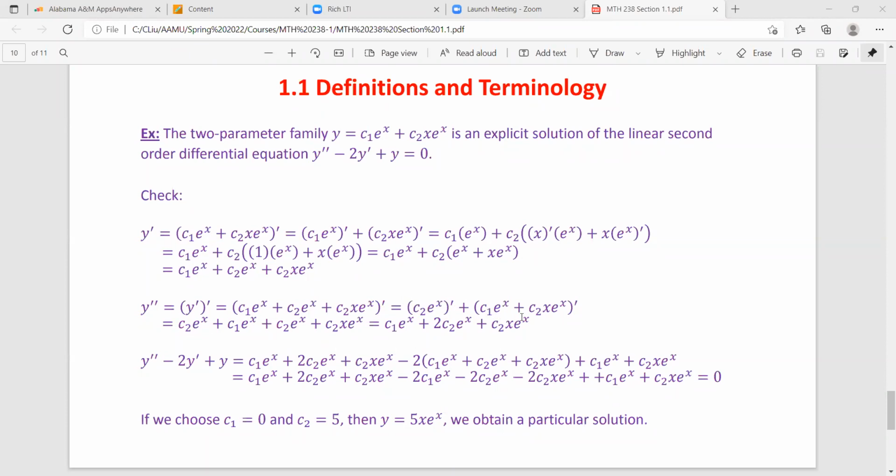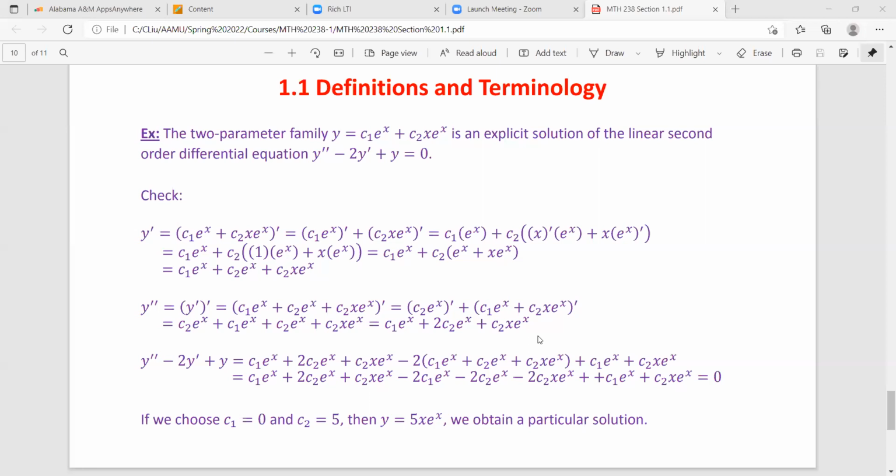And the derivative of c1 e to the x plus c2 x e to the x, as we already got in first step. So that's c1 e to the x plus c2 e to the x plus c2 x e to the x. So we just put those answers in here and then combine like terms. There are 2 terms of c2 e to the x that give you 2 times c2 e to the x, okay? And we still have c1 e to the x and the c2 x e to the x left. So that's the second derivative y.